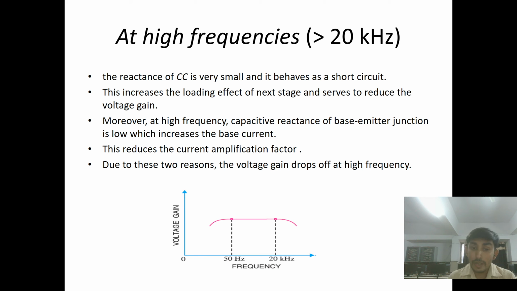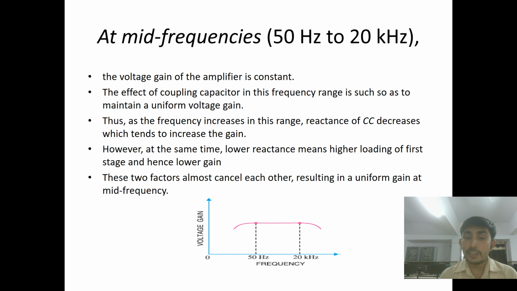So what happens in the mid frequency? The gain remains constant at mid frequency, that is from 50 Hz to 20 kilohertz. The voltage gain of the amplifier is constant as shown in the graph. How?